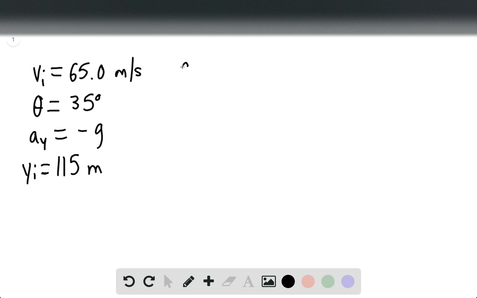Part A wants us to find the time taken, so we can say that y final equals y initial plus vy initial t minus 1/2 gt squared. And so to find time, y final is going to be 0.